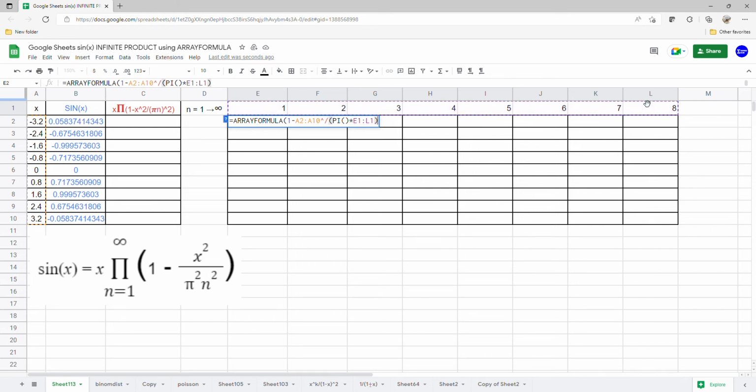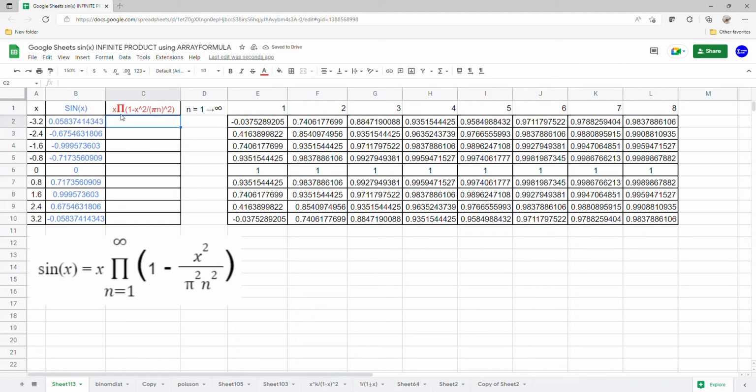So that's x to the power 2 divided by pi squared n squared, and enter.